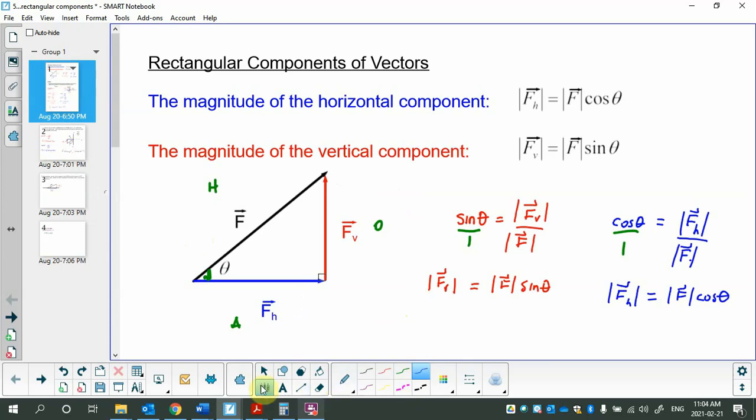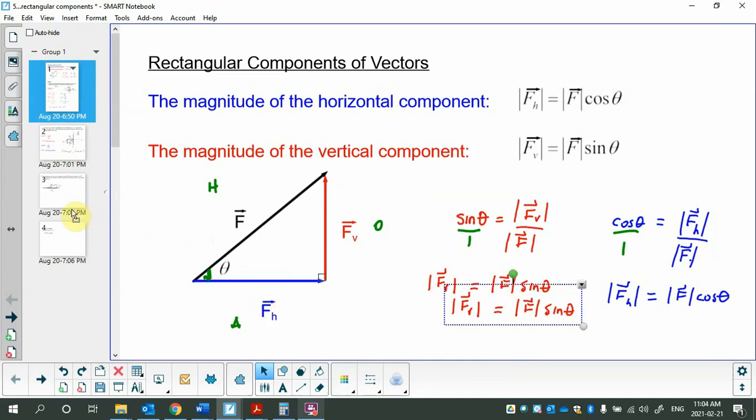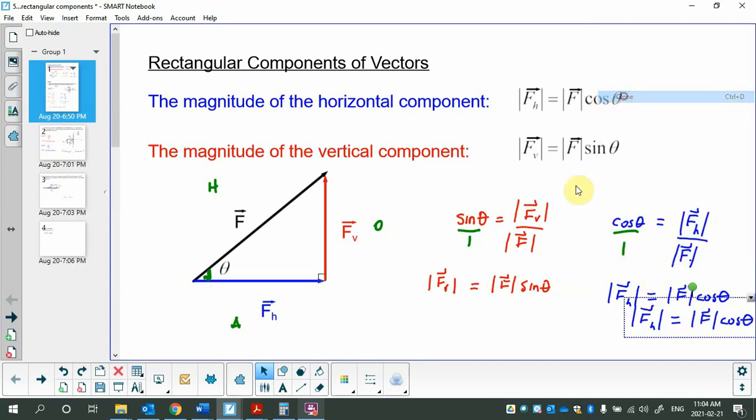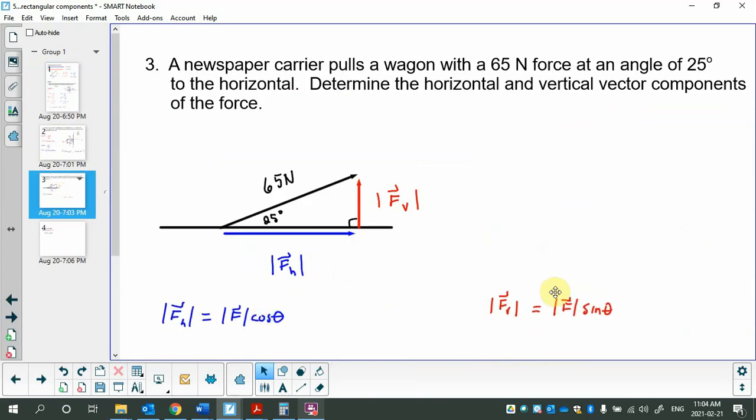As in, I can take this red thing, I'm going to clone it, and I'm going to shove it over here. And I'm going to take this blue thing, and I'm going to clone it, because I don't have these memorized. I have the trig fully understood, but I don't have these formulas memorized. So I'll do horizontal here, and I'll do vertical here.